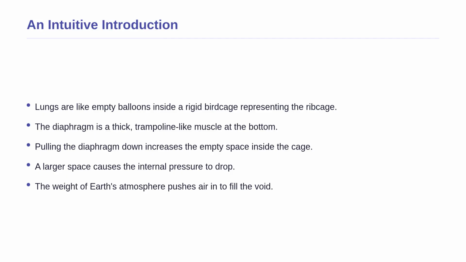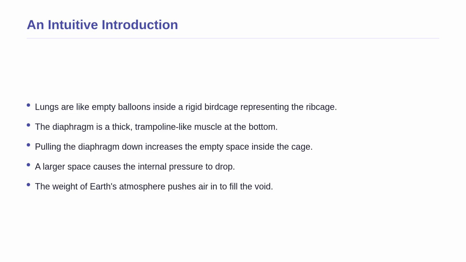Let us start by building a simple mental model. Think of your lungs as a pair of empty balloons sitting inside a rigid bird cage, which represents your rib cage. At the very bottom of this cage sits a thick, trampoline-like muscle called the diaphragm. When you want to breathe in, you pull down on that trampoline. What happens?